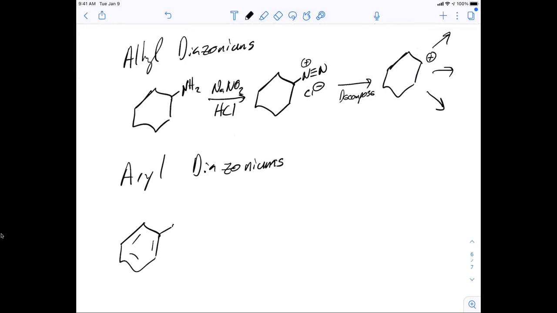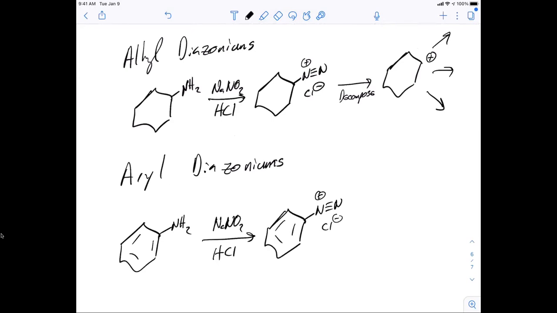So if I take an aniline, right, react that with sodium nitrite, it's going to form the same diazonium salt. But then this reaction to the carbocation won't occur, right?